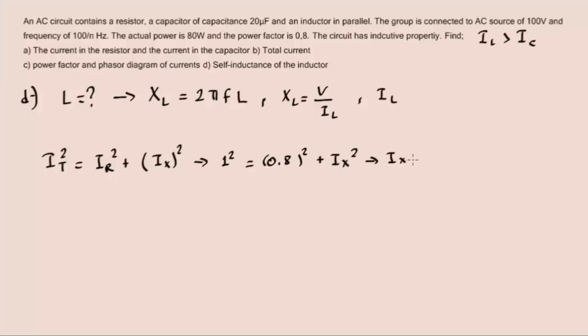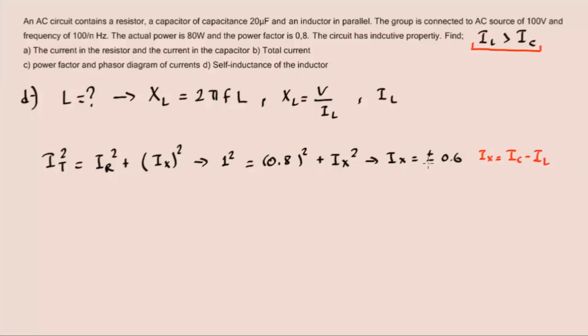IX is going to be positive or negative 0.6. But which one will it be? IX equals IC minus IL. The circuit has inductive property, so IL is greater than IC. If IL is greater than IC, the result must be negative.